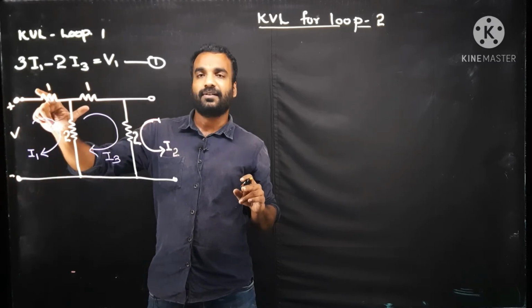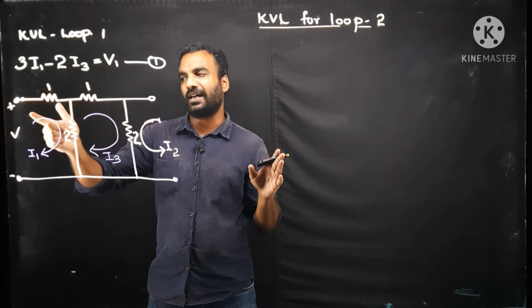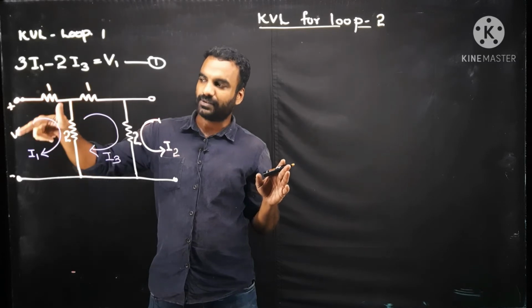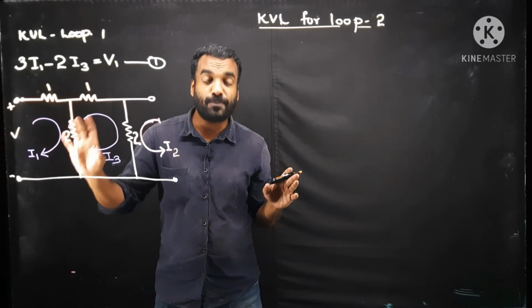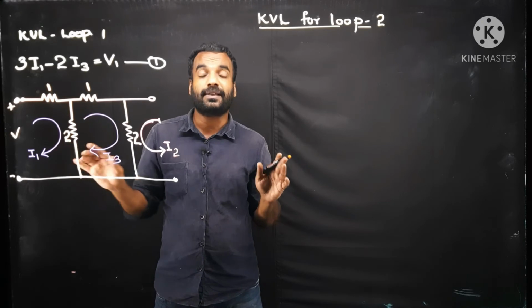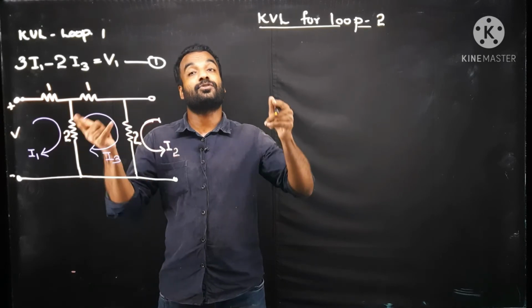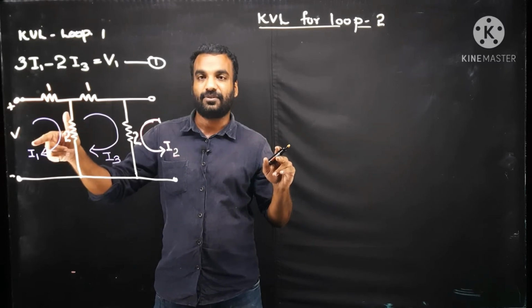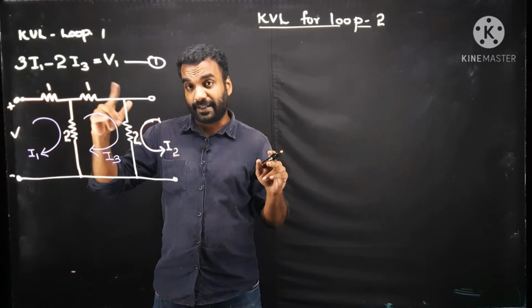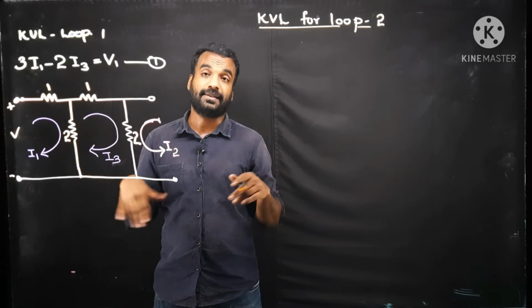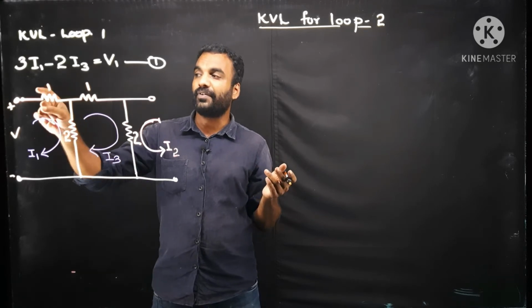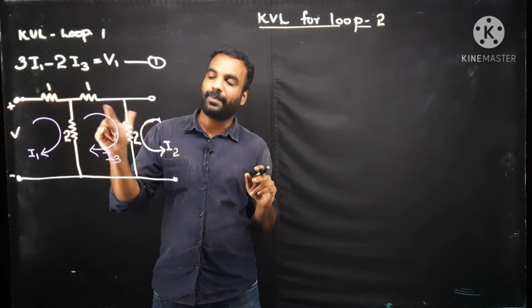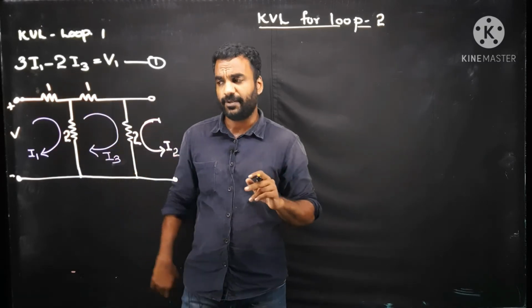But for the 1, it is always plus 1, because current will always be entering at this polarity, and you are writing the equation on the same trace, because in loop direction the arrow mark is not just a direction, it is the direction of current. That's why the direction of trace or equation writing direction and the current direction are the same, so that you will always get plus here, plus 1 into I1, plus 2 into I1 minus I3, such things are arriving.